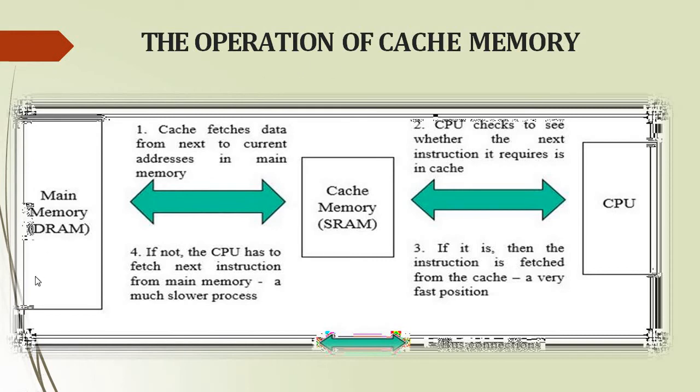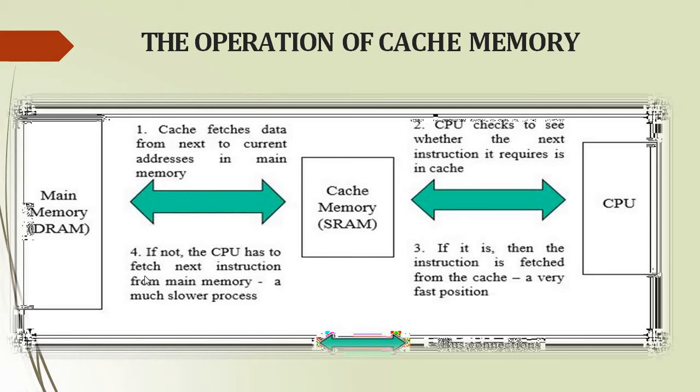Here is the main memory, that is DRAM, the cache memory, that is SRAM, and the CPU. Firstly, the CPU fetches data from the next current address in main memory. Second, the CPU checks to see whether the next instruction required is in the cache. Third, if it is, the instruction is fetched from the cache, a very fast operation.